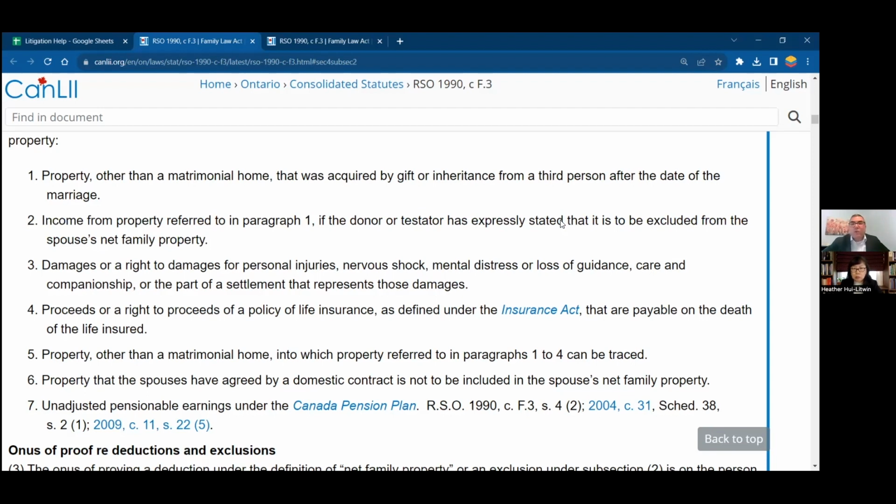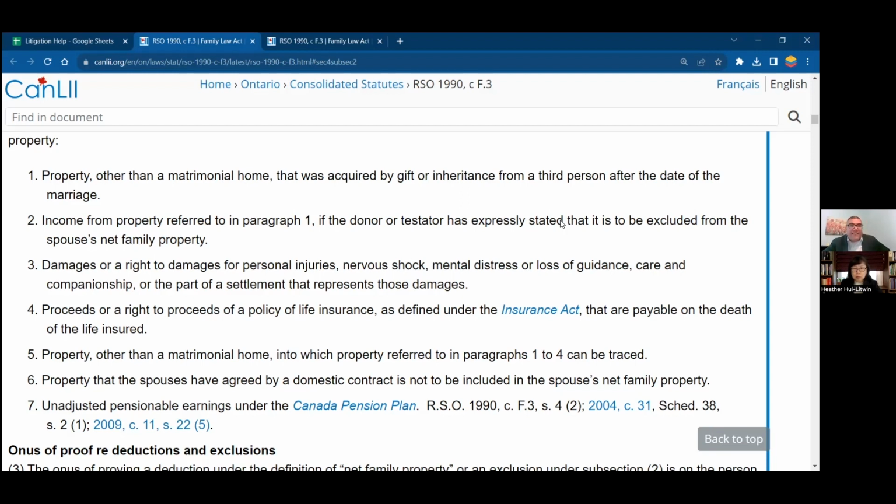Okay, and so again, on a death inheritance, that is going to usually be already factored in. Certainly in Ontario, a foreign will may be problematic. Where this usually comes up, though, is when a spouse receives a gift from a parent, usually, or an extended family, during their lifetime.